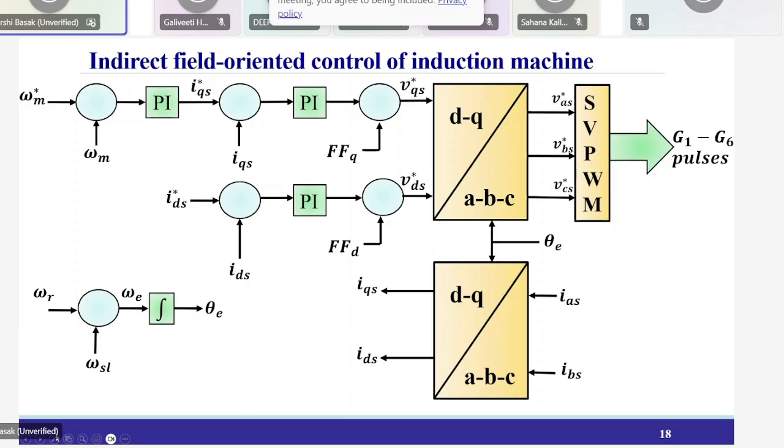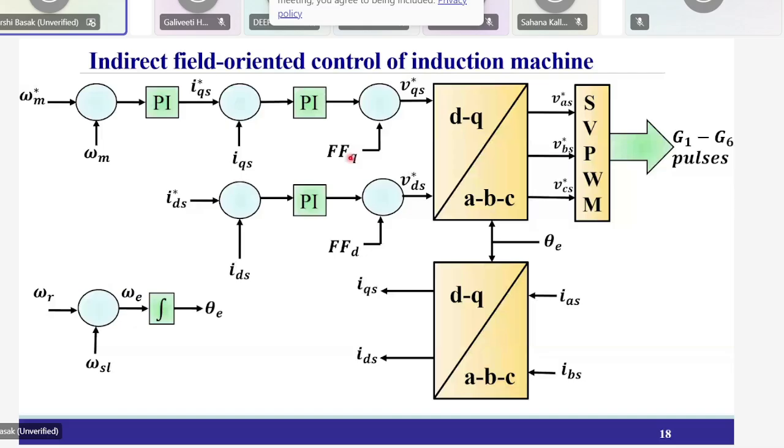So in case of indirect field oriented control, this is a speed reference. After that, you compare it with actual speed and feed it to a PI controller. Then you have the expression for IQS reference, you compare with IQS and give it to PI, and here you give some feed forward.